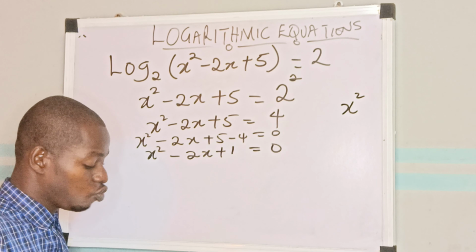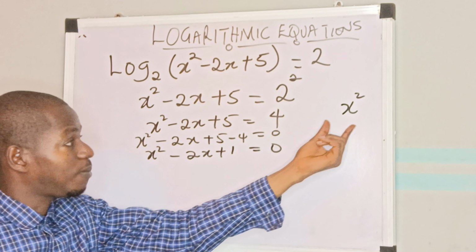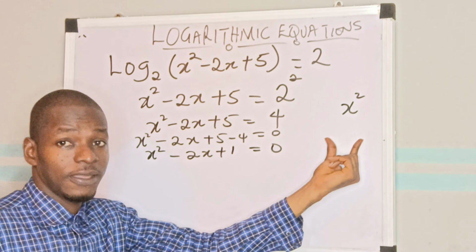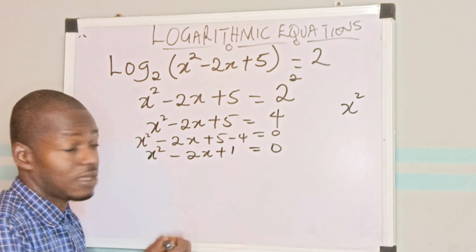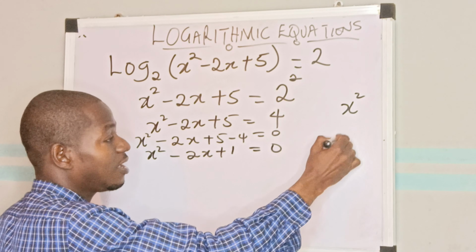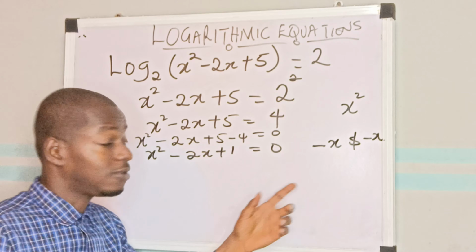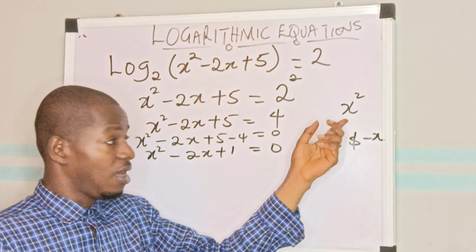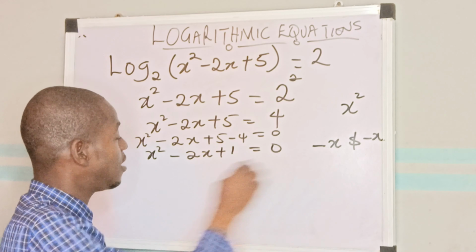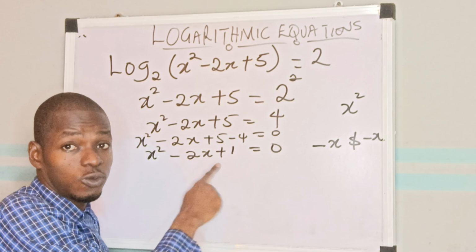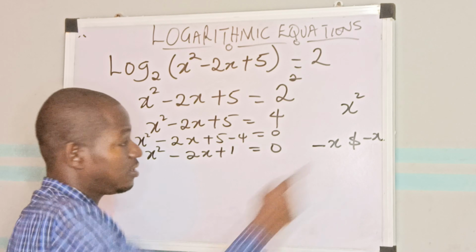Now look for two factors wherein when I multiply them I will get x squared, and when I add them I will get minus 2x. The two factors are minus x and minus x, because when I multiply minus x times minus x I'll get positive x squared, and when I add them together I will get negative 2x. So I replace the negative 2x by negative x and negative x.